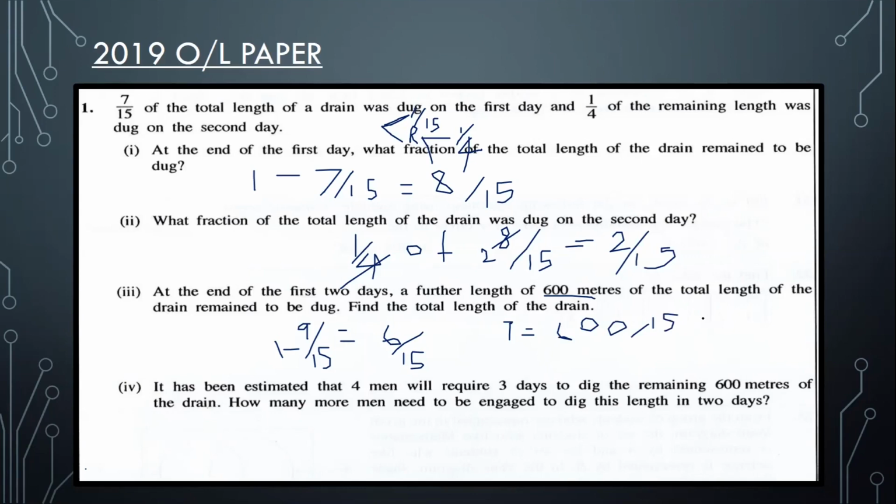We take the reciprocal of the fraction. You have to divide it by 6 and then multiply by, if you divide it by 6, you will get the single portion, and then there are 15 parts like that. You have to multiply by 15. That is going to be equal to 1,500 meters.